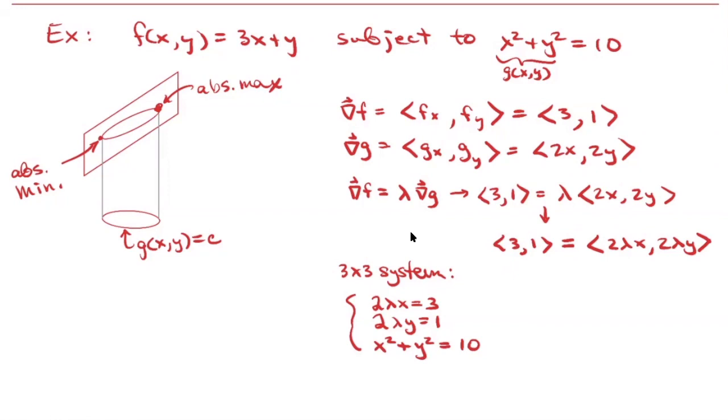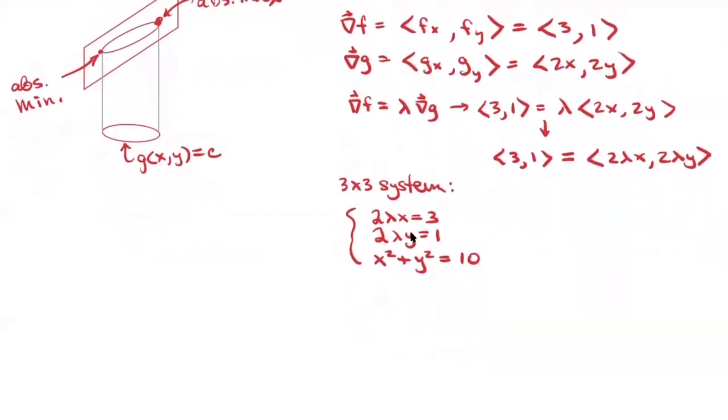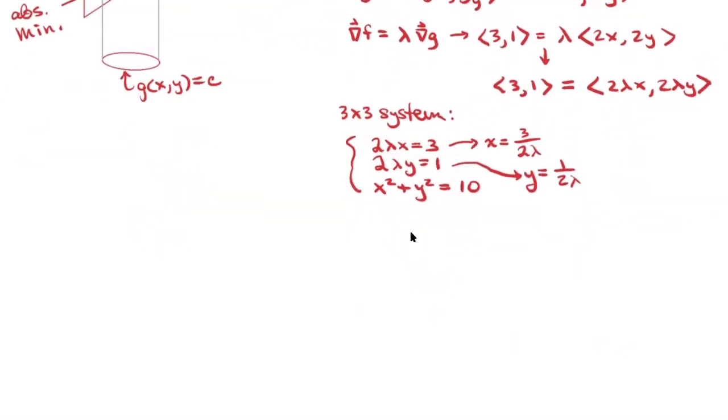Somehow you have to find a way to integrate the 3 equations. Hopefully get some sense out of it. One way is to solve the first equation for x. So you'd have x is 3 over 2 lambda. And the second equation is giving y, which is 1 over 2 lambda. And then you would plug both of those into the third equation.